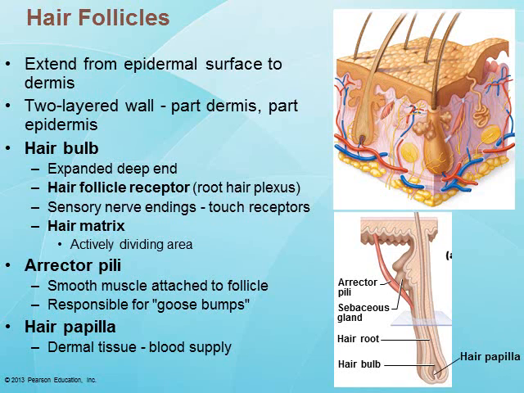If this muscle contracts, it pulls this hair and makes it erect. That's how, when you feel cold, your hair stands up: the erector pili contracts and makes the hair stand up. And you also see there's a small sebaceous gland here.